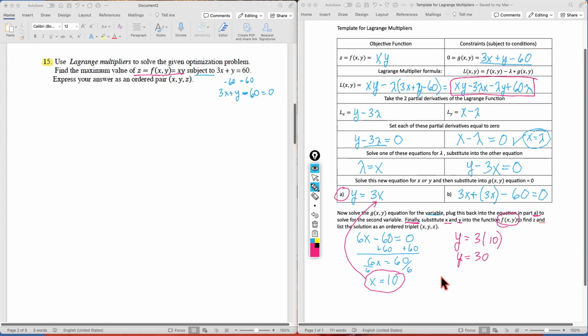We substitute f of 10, 30 into the function x times y, 10 times 30, and that gives us 300. That is z. So we have our ordered triplet: x is 10, y is 30, and z is 300. And that's how we do Lagrange multipliers.